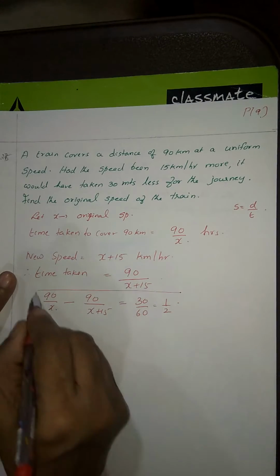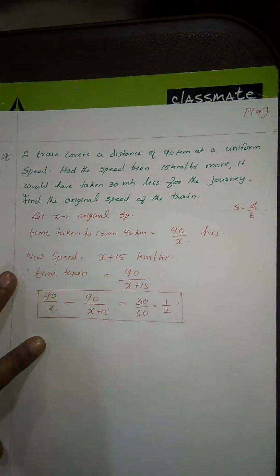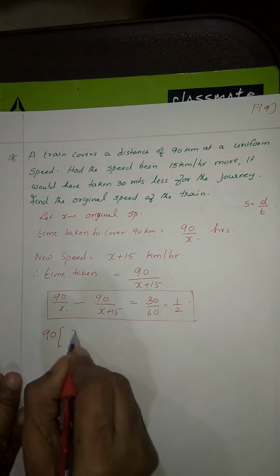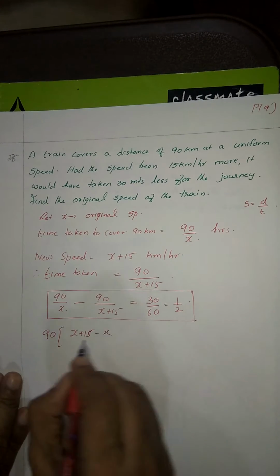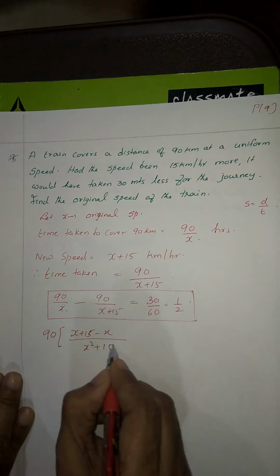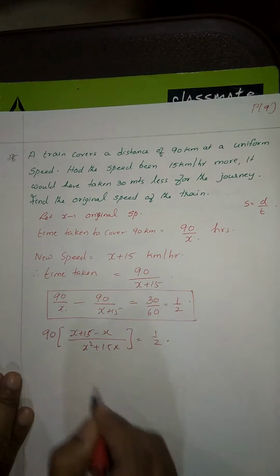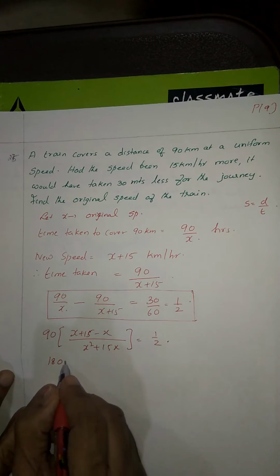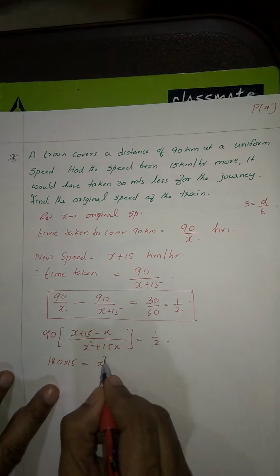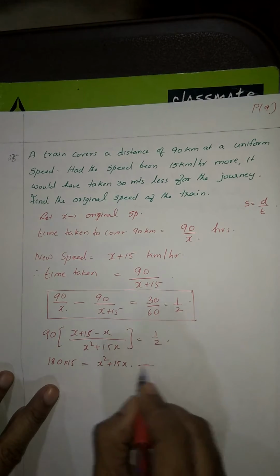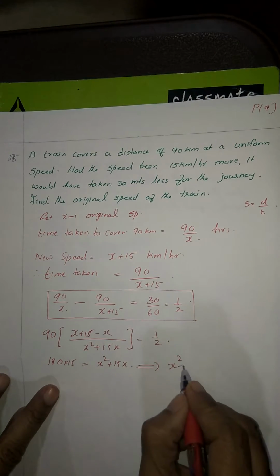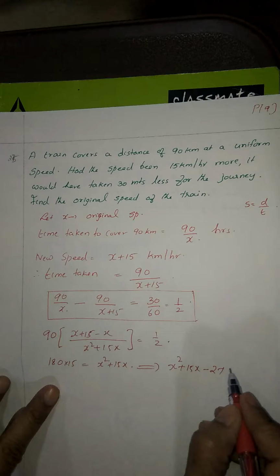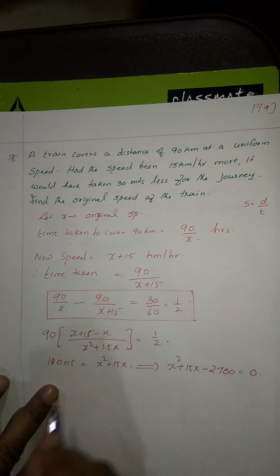So now this is the equation. This is 90 into x plus 15 minus x by x squared plus 15x is equal to half. So we get 180 into 15 is equal to x squared plus 15x. So the equation you get is x squared plus 15x minus 2700 is equal to 0.